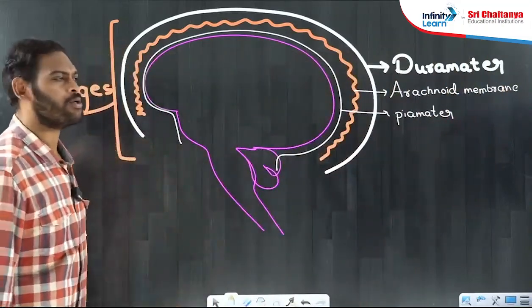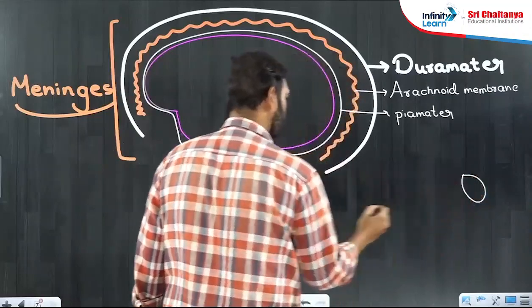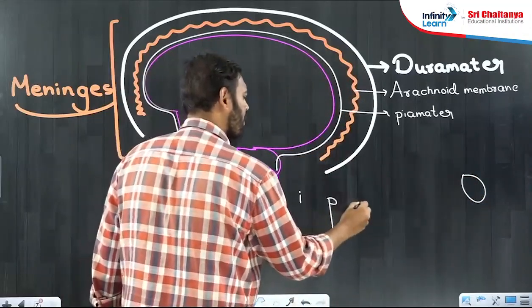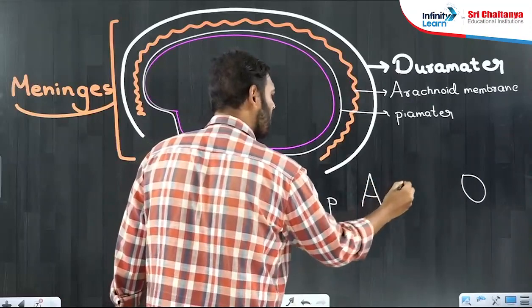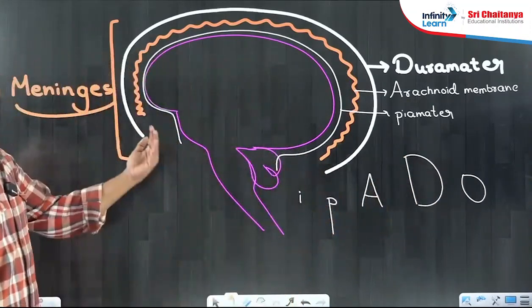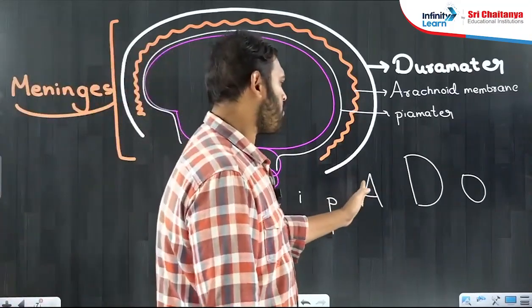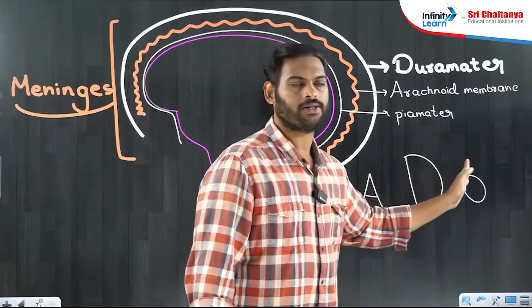So, inside to outside: pia mater, arachnoid membrane, and dura mater.